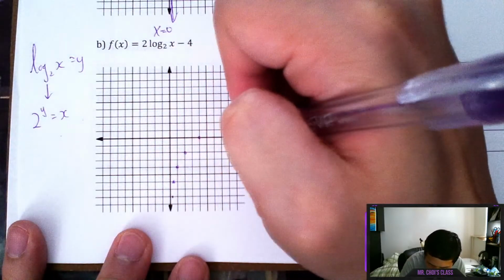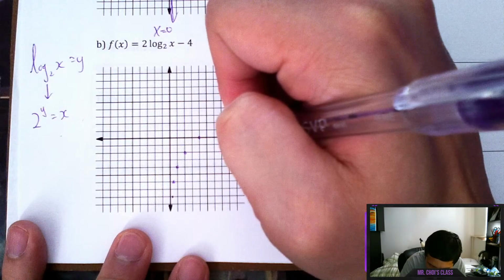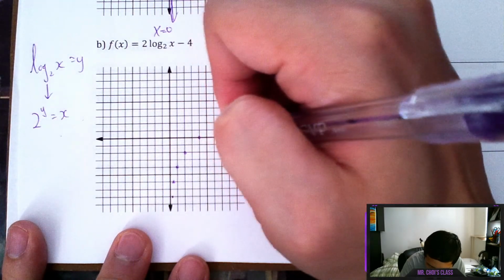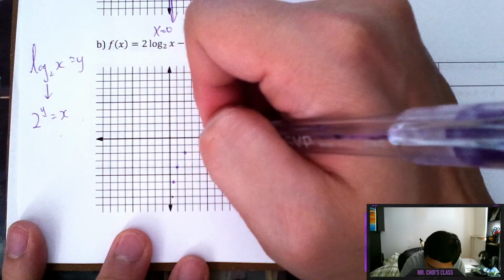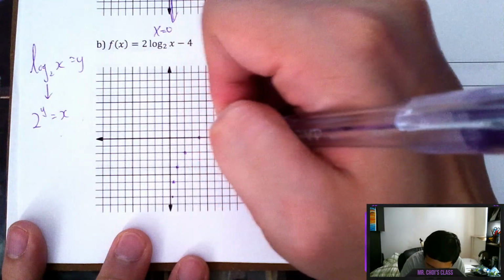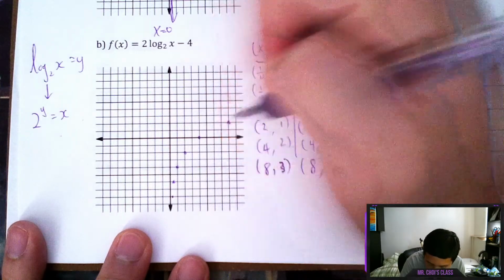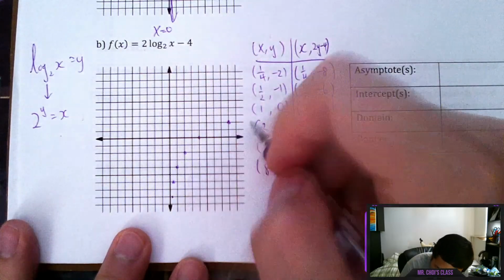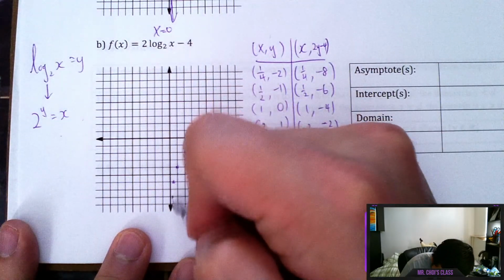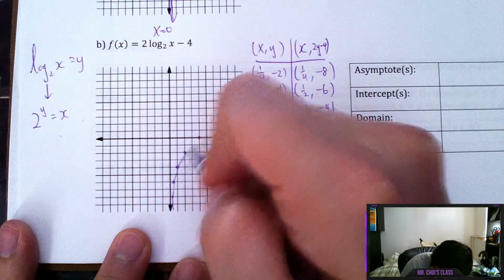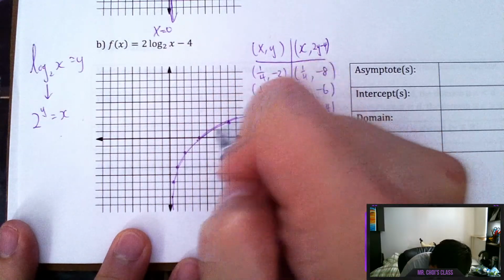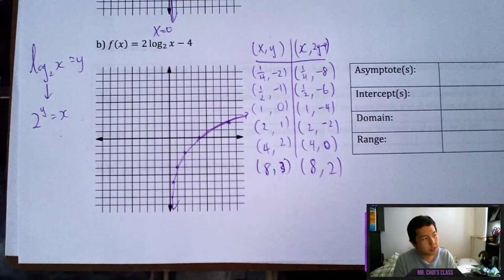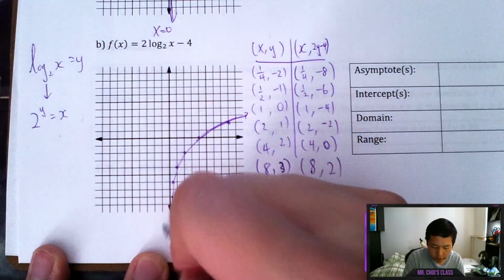And then 8, 2. Okay, so now we can just draw that out. And there's our graph. And you can see we still have a vertical asymptote of x equals 0.